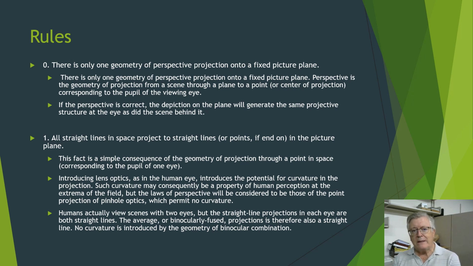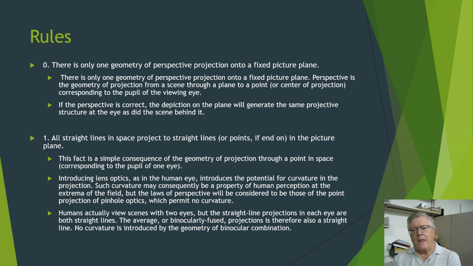So the perspective lines are basically lines from the scenery drawn through a plane to your viewing eye. If perspective is correct, the depiction on the plane will generate the same projective structure as the eye did in the scene behind it.